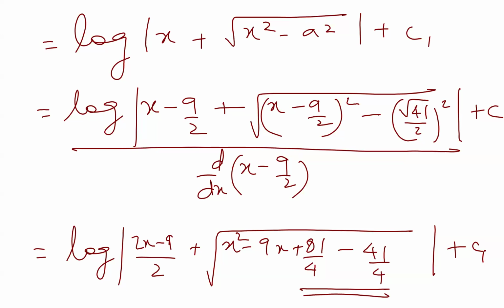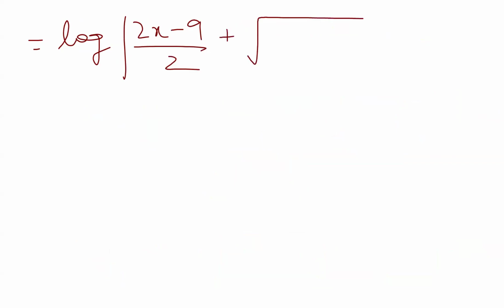That will be 10. Okay. So x square minus 9x plus 10 plus c1, which is equal to I1.